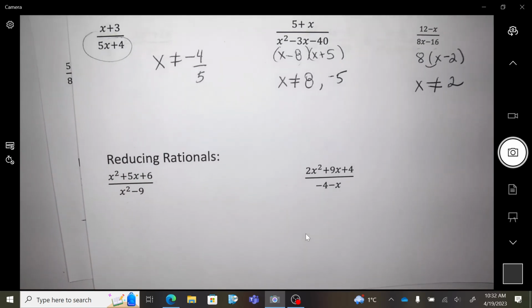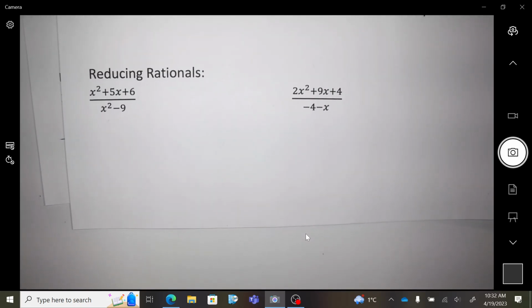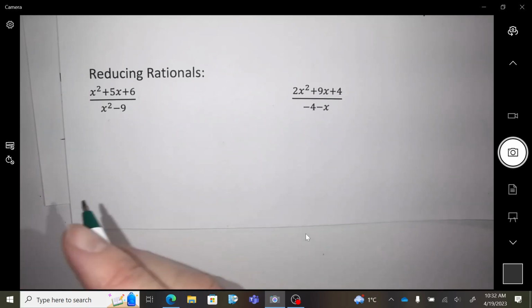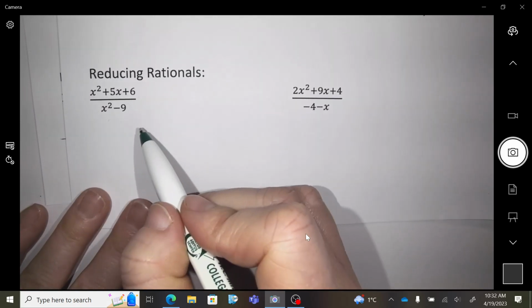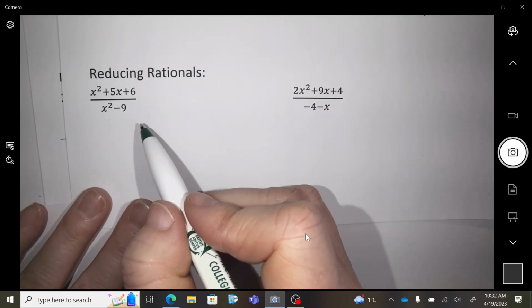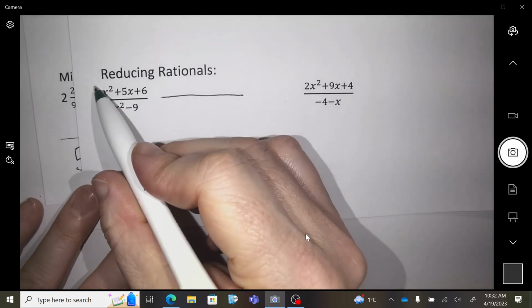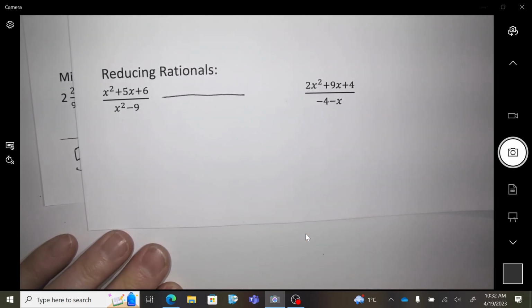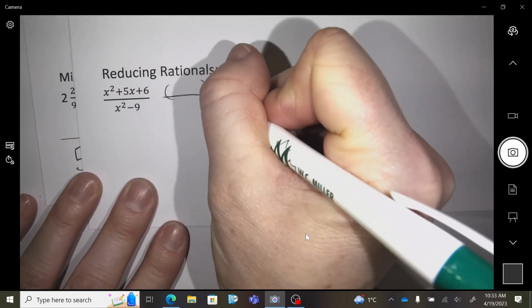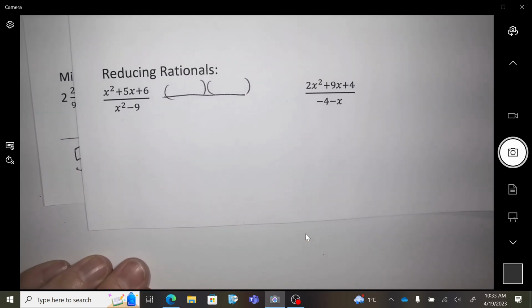Okay, reducing rationals. Okay, we are going to factor. Okay, so I need you to factor the top. I need you to use simple trinomial methods.